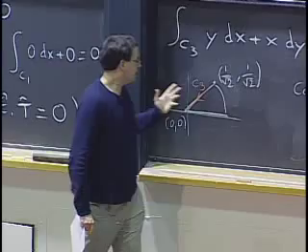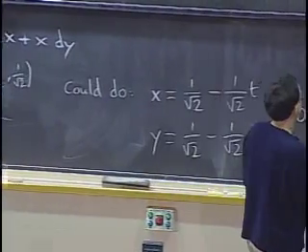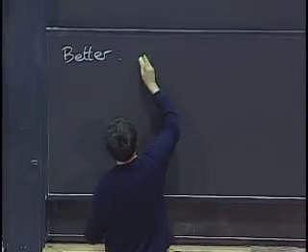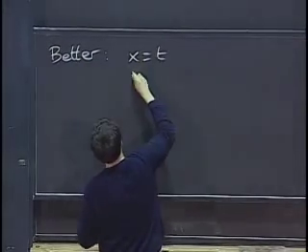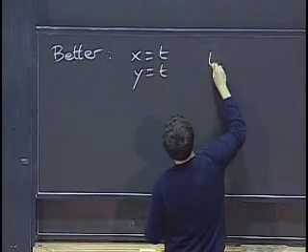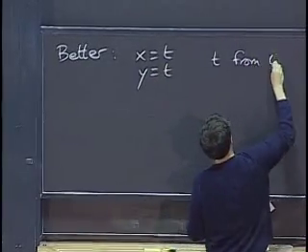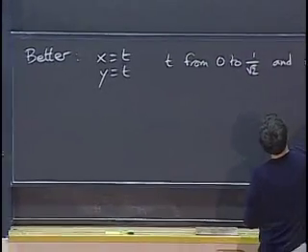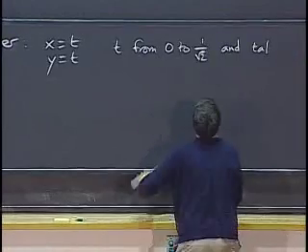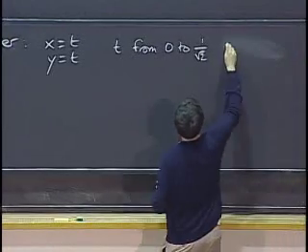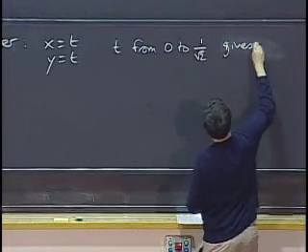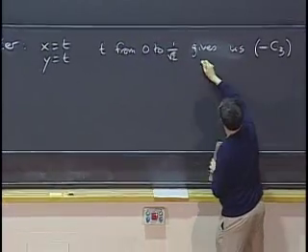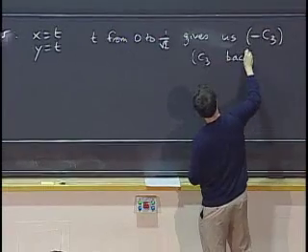Okay? So in fact, we can do slightly better by just saying, well, we'll take x equals t, y equals t, t from 0 to 1 over root 2. That gives us what I will call minus C3, which is C3 backwards.